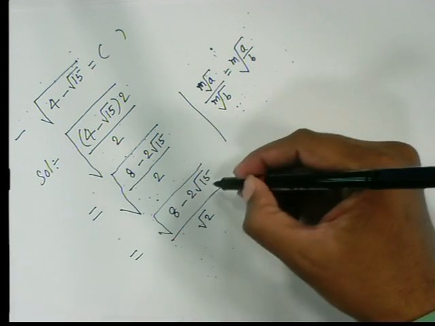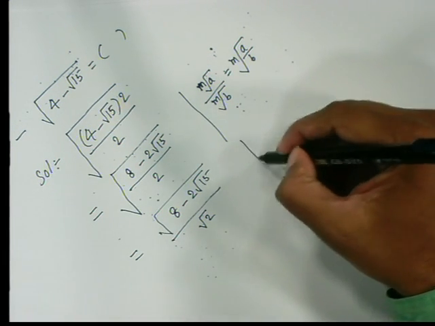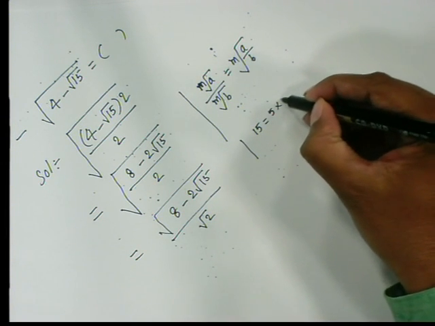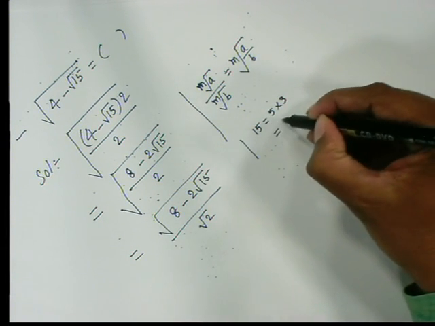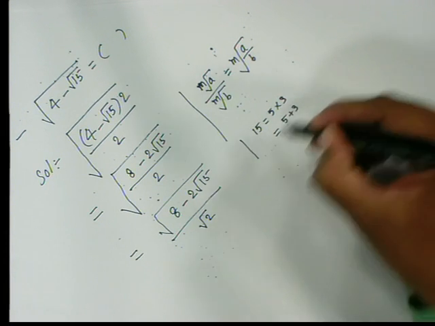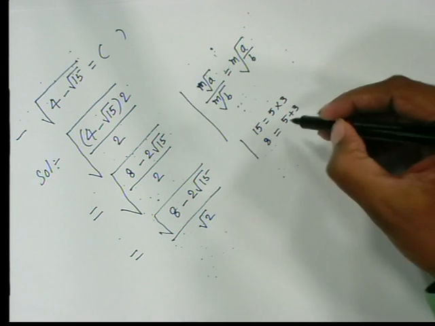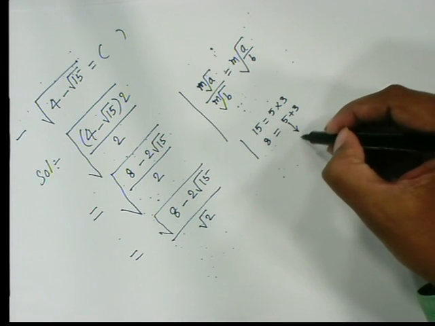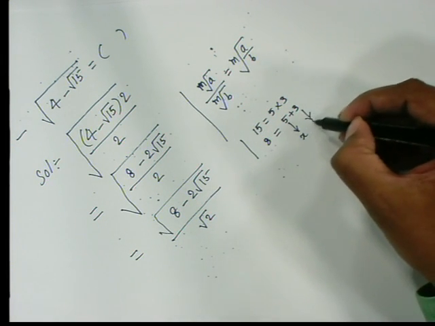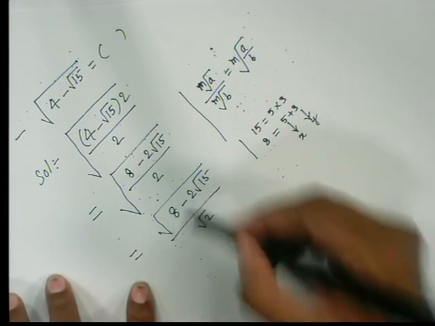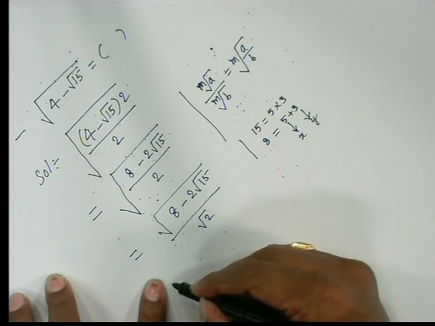So let us find out the factors of 15. What are the factors of 15? 5 into 3. Let us add these two factors, 5 plus 3. Yes, we get 8. Now we shall consider this one as x, this one as y. As we have minus here, this will be root x minus root y.